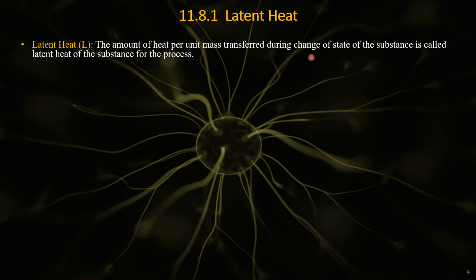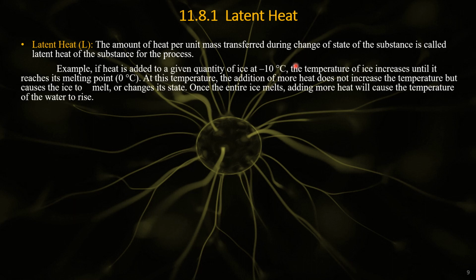For example, if heat is added to a given quantity of ice at minus 10 degrees Celsius, the temperature of ice increases until it reaches its melting point, 0 degrees Celsius. That is, it consumes a quantity of heat for raising the temperature from minus 10 degrees Celsius to 0 degrees Celsius.